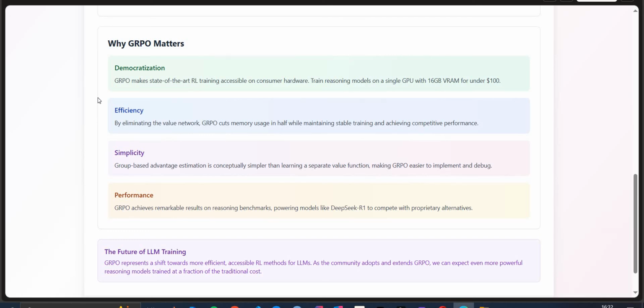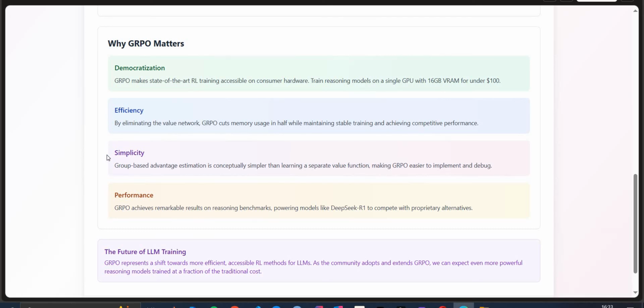And second, efficiency. By removing the value network, GRPO cuts memory usage roughly in half while maintaining stable updates. That's a big deal for smaller labs and individuals who need to train models efficiently.